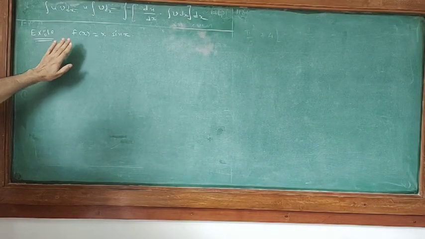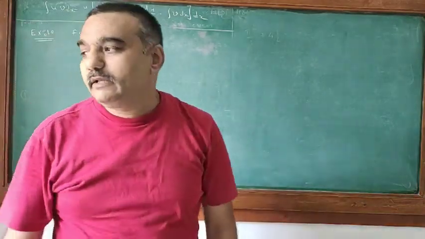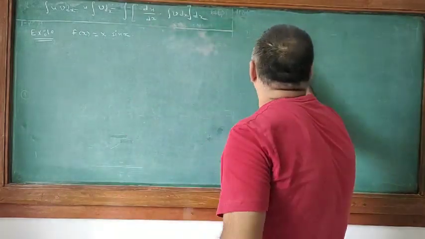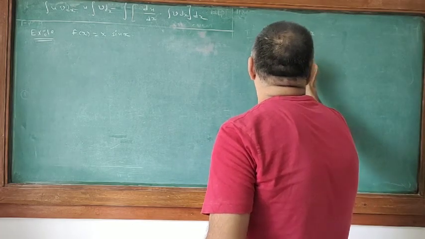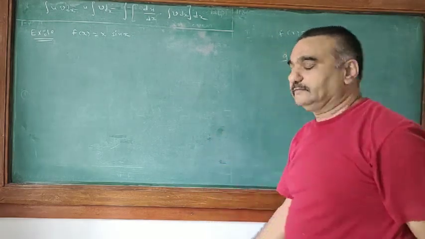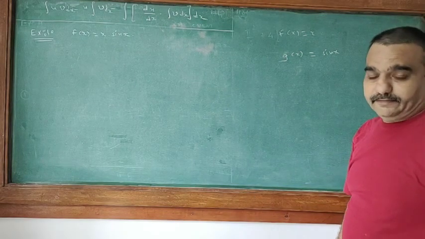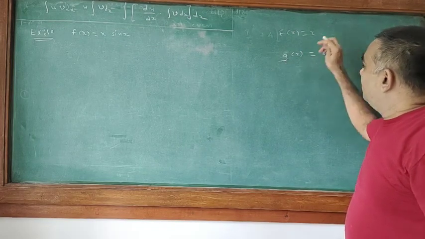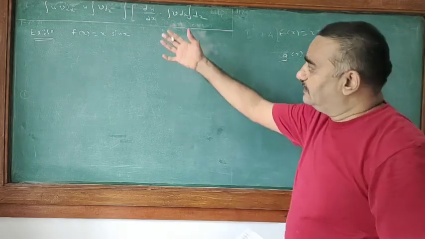Example 10. f(x) equal to x sin x. This is the given function. Actually, f(x) equal to x and g(x) equal to sin x. Both of them are individually odd functions. But whenever we multiply both of them, it becomes an even function.